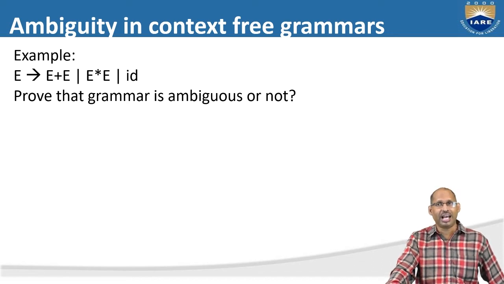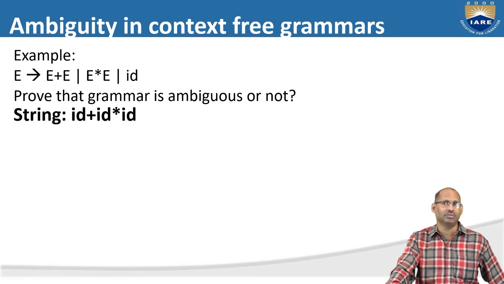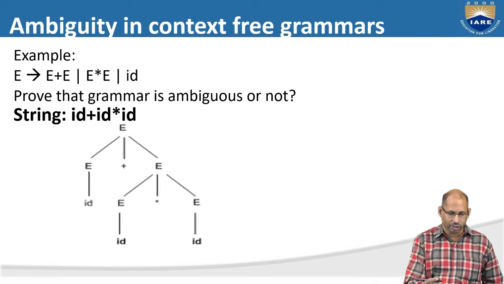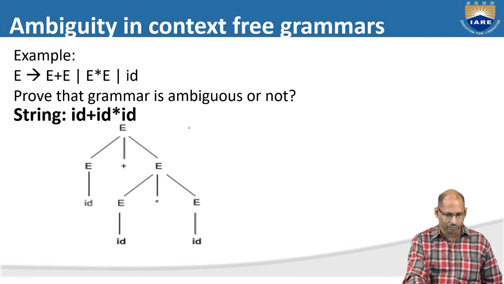If it has more than one rightmost derivation or more than one leftmost derivation, then we say the grammar is ambiguous. The string we want to derive is id plus id into id. So in the first step we are applying production number 1.